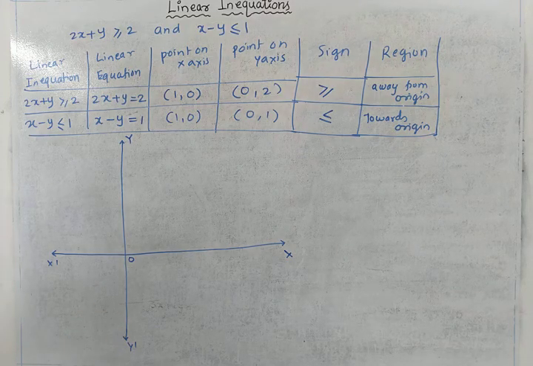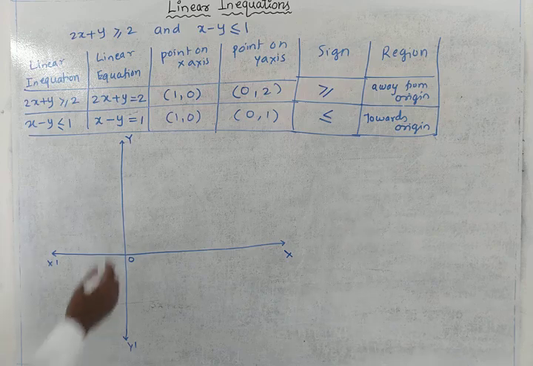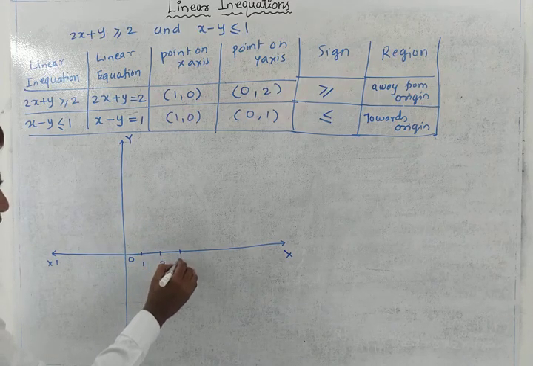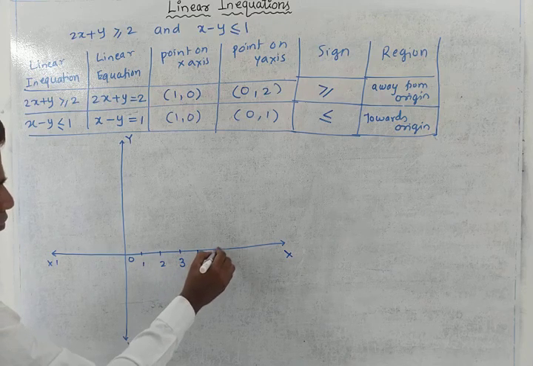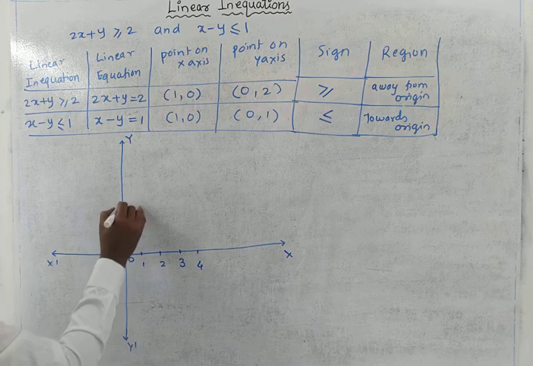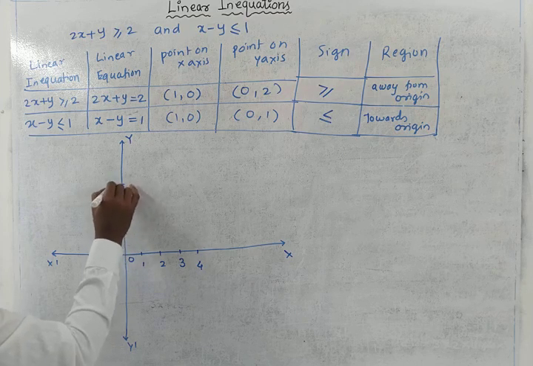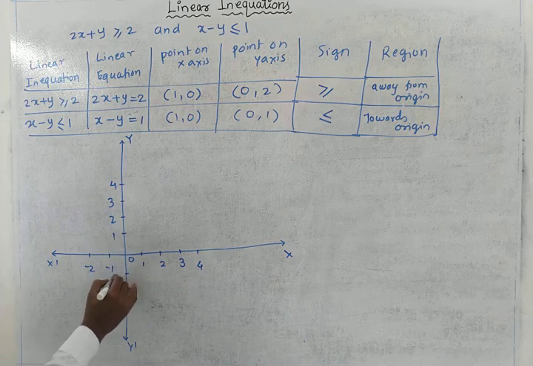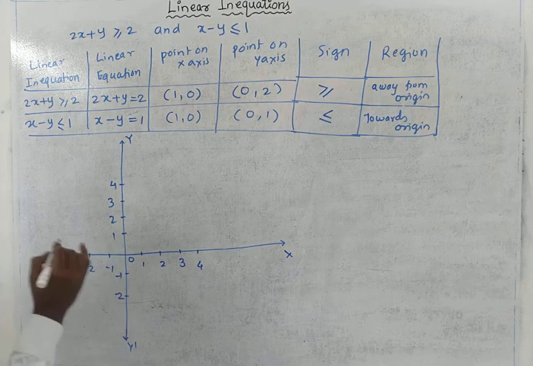Now for first line we will draw the points. So 1, 2, 3, 4, 1, 2, 3, 4, minus 1, minus 2, minus 1, minus 2.